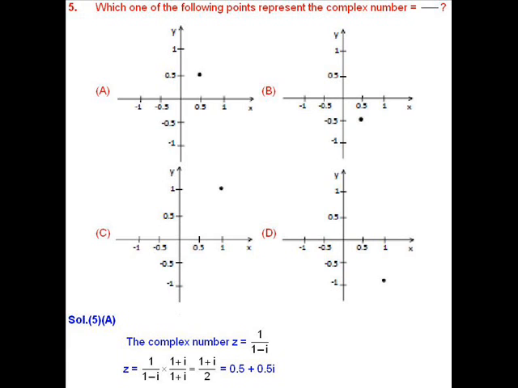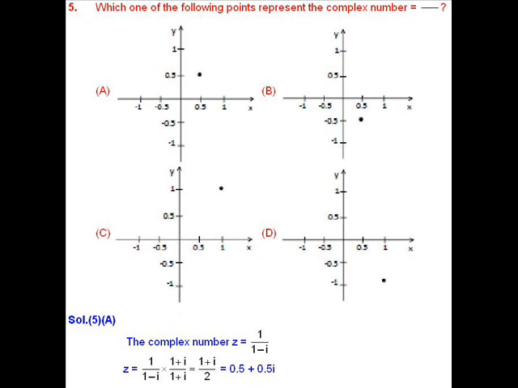Question number 5. Which one of the following points represents the complex number 1 divided by 1 minus iota? So let the complex number z equal 1 divided by 1 minus iota. Both sides multiply by 1 plus iota. That implies z times (1 plus iota) is equal to 1 divided by (1 minus iota) multiplied by (1 plus iota).